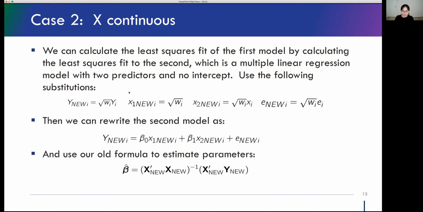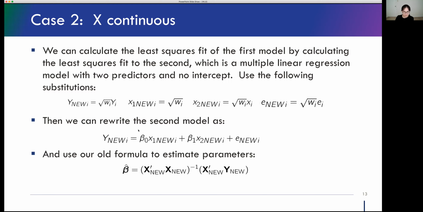And with that transformation, we can now calculate the least squares estimate for this new, transformed model. Let's get our corresponding new y and new x. Actually, we have two x's here. So our new y is like this, and this is our new x1 and our new x2.